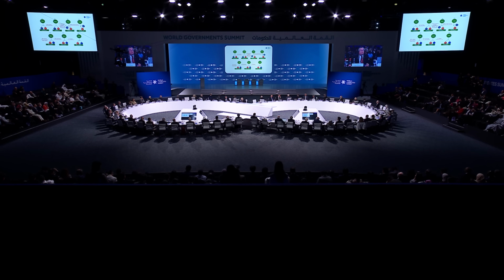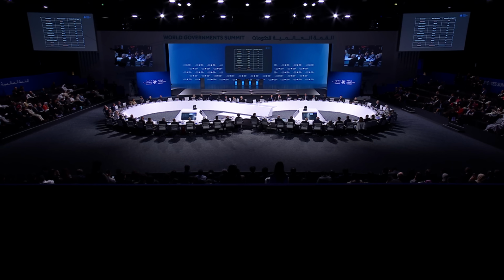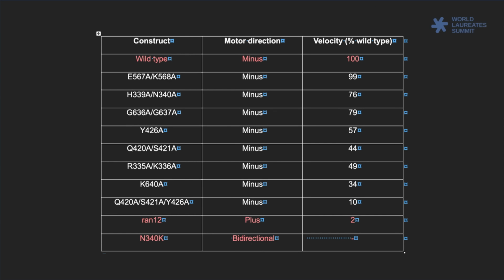a kinesin-like system which has a very strange feature. In some mutations, it goes forward, and in other mutations, it stops, and in other mutations, it goes backward. So first, we studied this system by physical-based simulation.